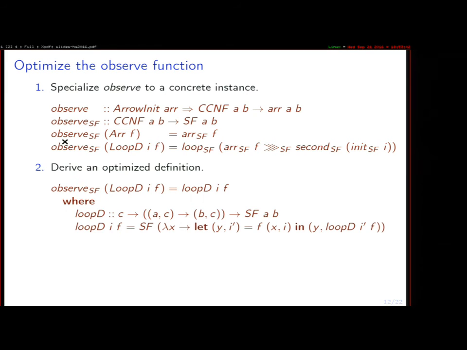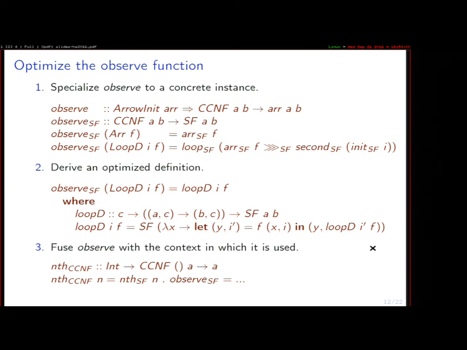And furthermore, we can derive an optimized definition for observeSF, which is given by this loopD function, and which is defined as an SF over a transition function here.